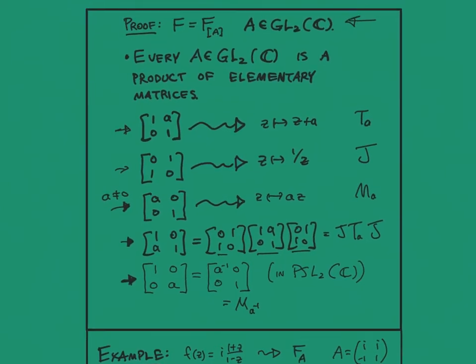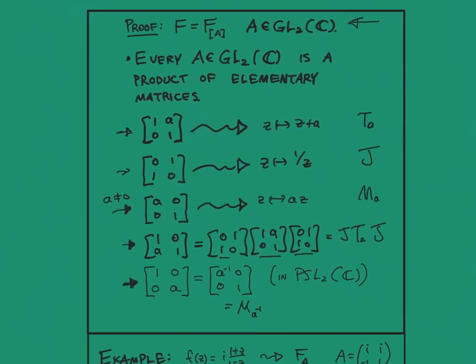So every elementary matrix corresponds to either translation, inversion, or multiplication, or some product of these, and therefore every fractional linear transformation can be written as a composition of translation, inversion, and multiplication.